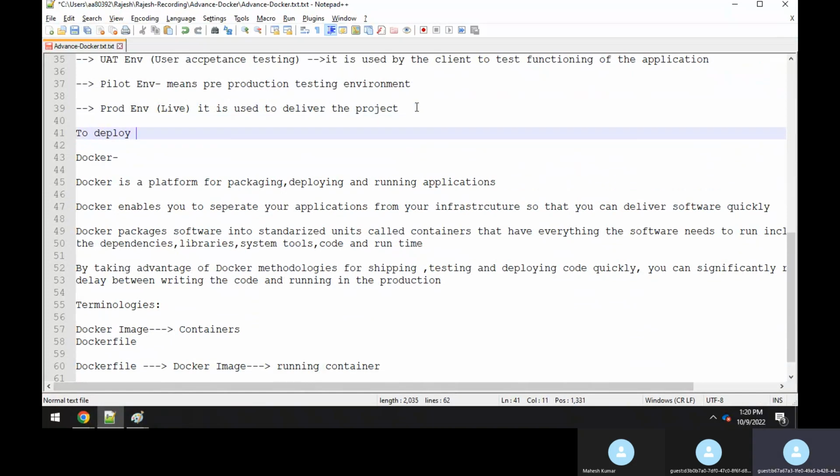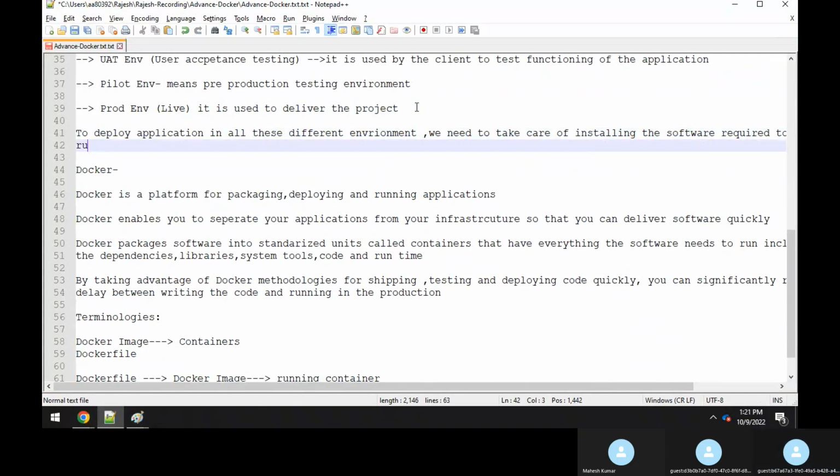To deploy the application on all these different environments, we need to take care of installing the software required to run the application in all these environments.